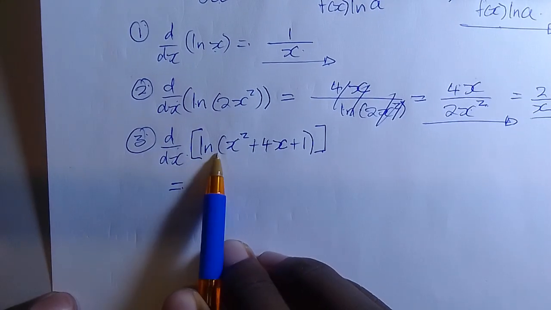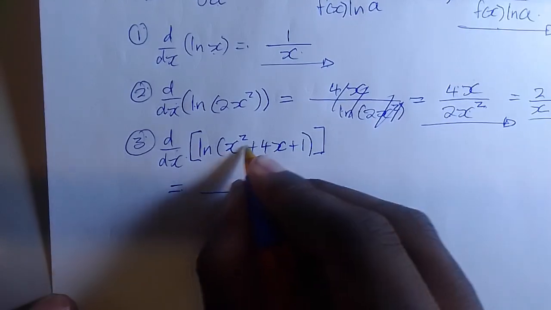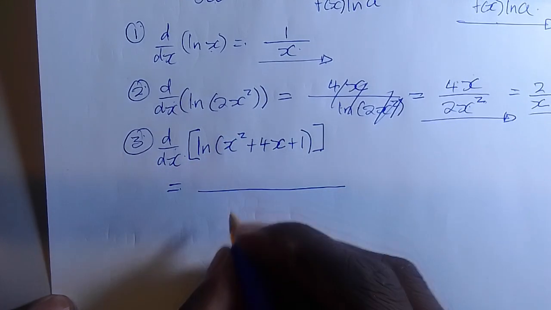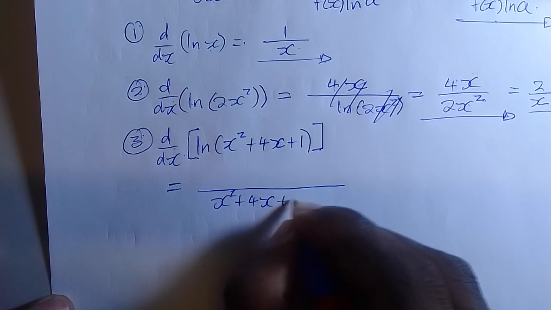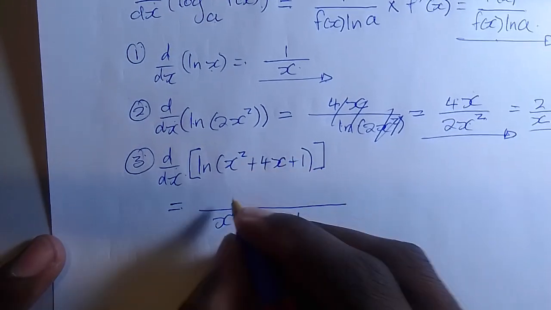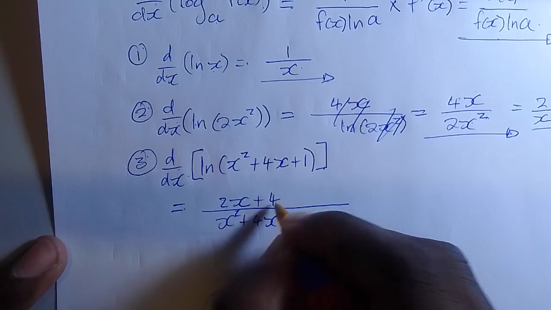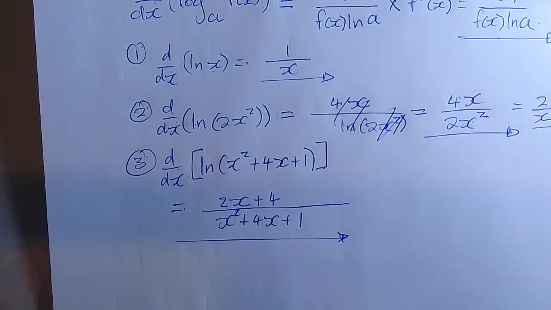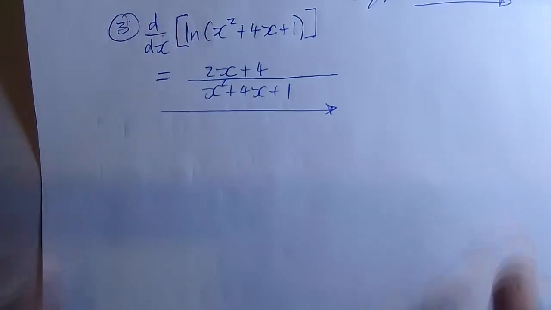It's still ln. So we put the same function, this, on the denominator, x squared plus 4x plus 1. And then in the numerator we put the derivative of the function, which means we have 2x plus 4.